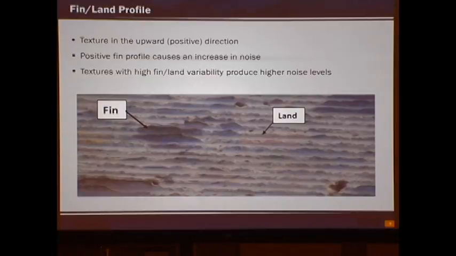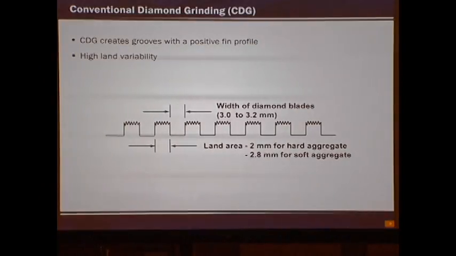Now the fin is what you see on the left, and basically that is the area protruding between the grinding grooves, and the land is the area on top. So the fin is what we basically want to reduce, and we want to create a uniform land on the pavement surface. And that's this slide here.